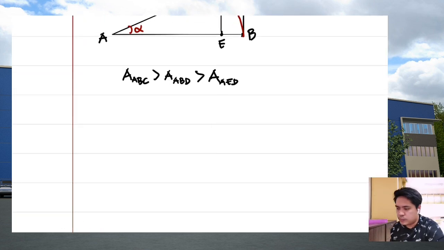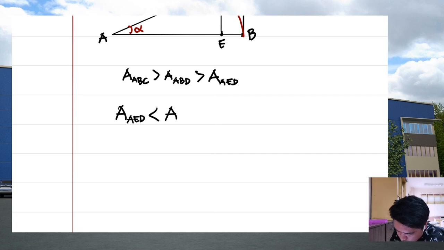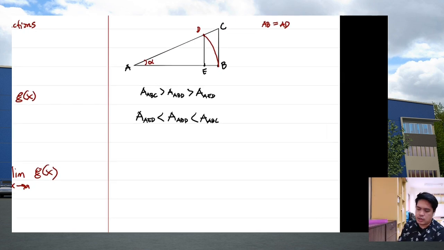Diba? So pwede natin isulat like that. Or pwede din natin i-flip. Sige, pwede din ganito. The area of the smaller triangle AED is less than the area of the sector ABD, that is less than the area of the triangle ABC. Pwedeng ganon.